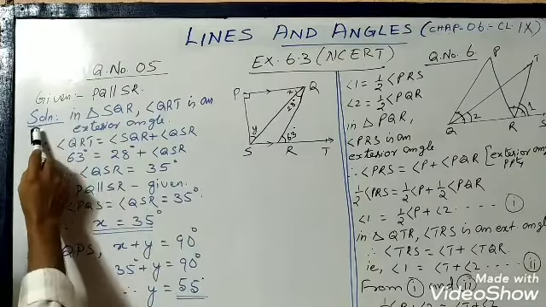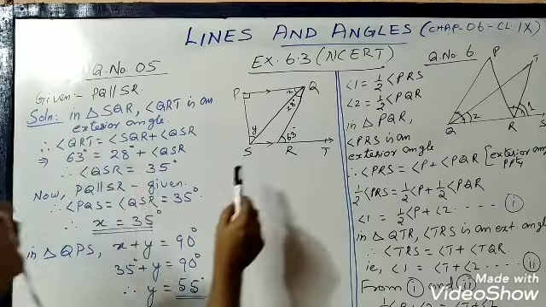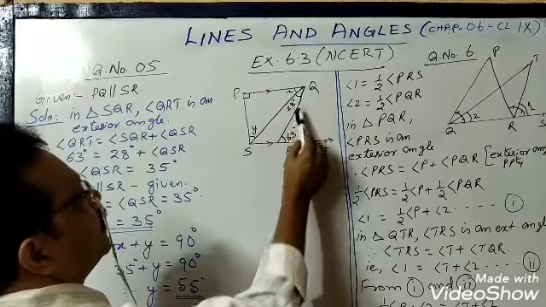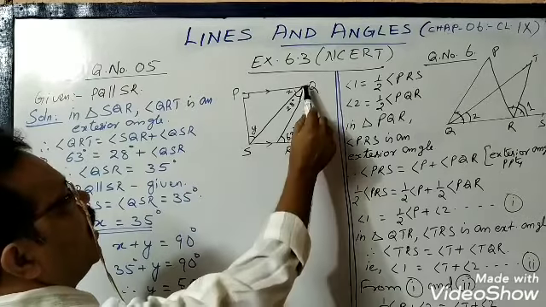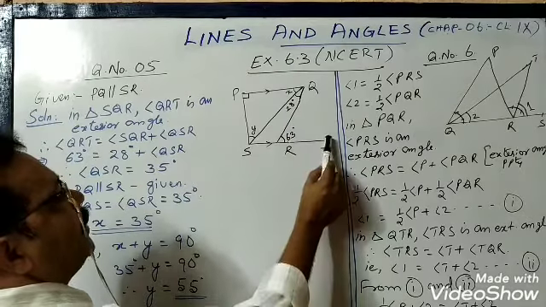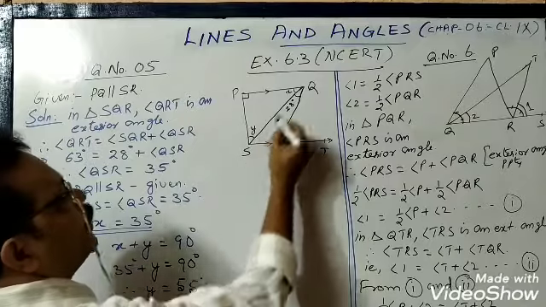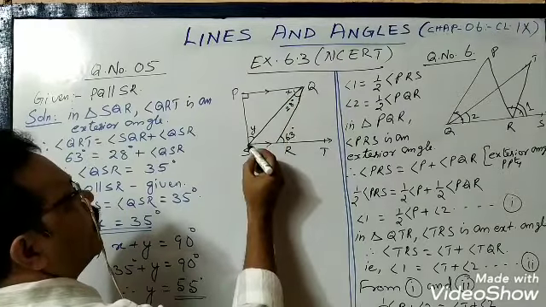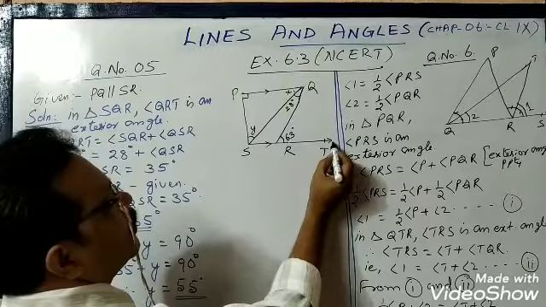We can solve this by considering the triangle SQR. In triangle SQR, the side SR is produced.